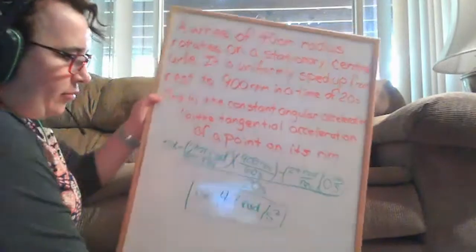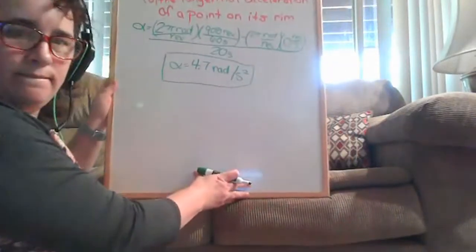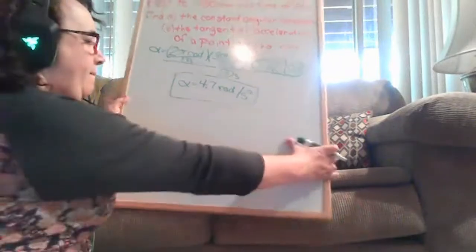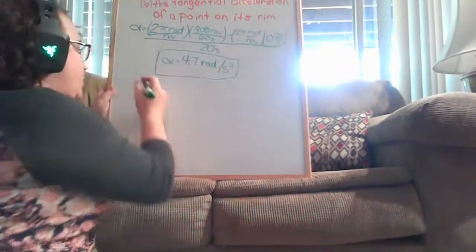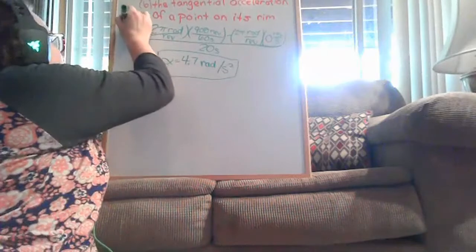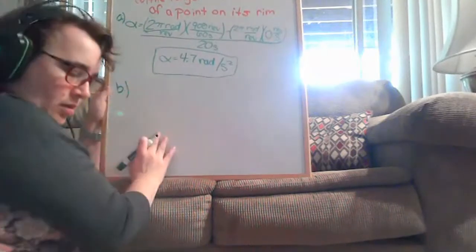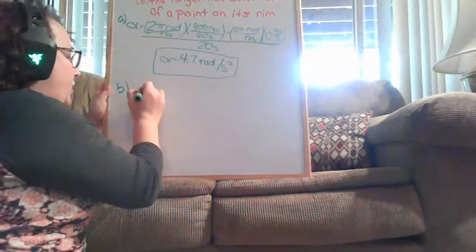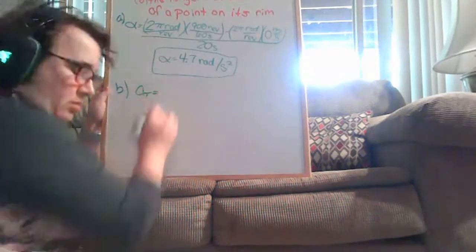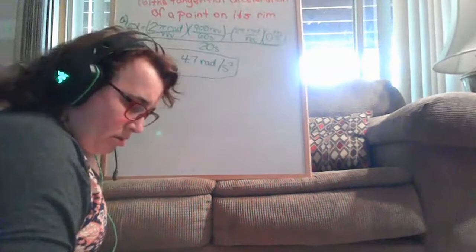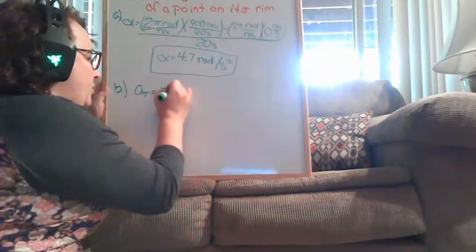Okay, and then for part B, so this was part A. Part B, we are going to take the tangential acceleration, which is equal to the radius times alpha.